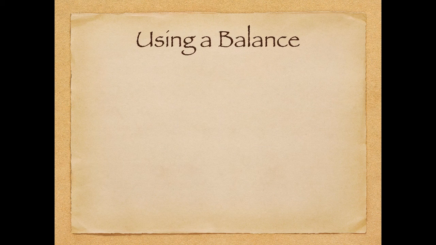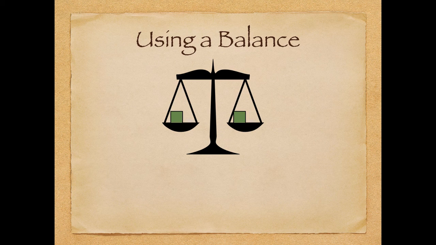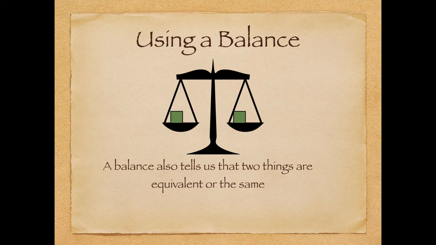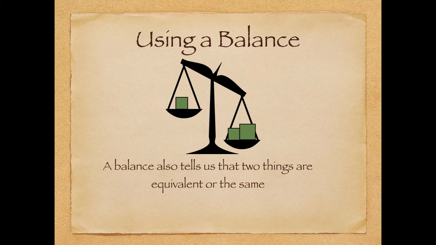All right, so lastly, in class a lot, we've been talking about using a balance, because a balance is another implement that tells us that two things are equivalent or the same. If I add a weight to one side of the balance, it's no longer the same, and the balance tells us that.